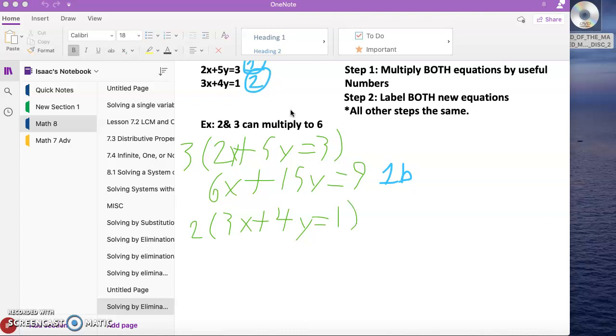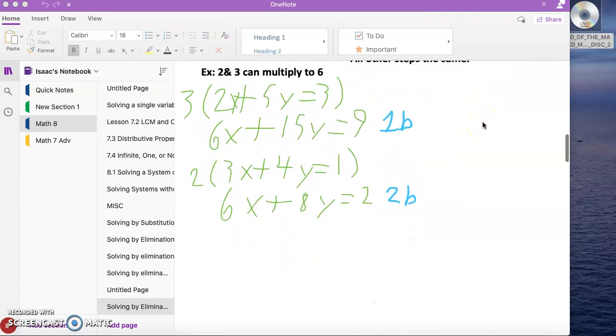So that gives me 6x plus 8y equals 2. And since I made this from equation 2, I'm going to title it 2b. So that's what we say, step 2, label both new equations, and the rest of the steps are the same.